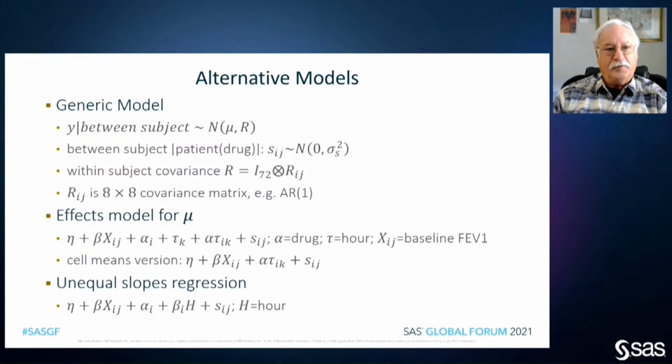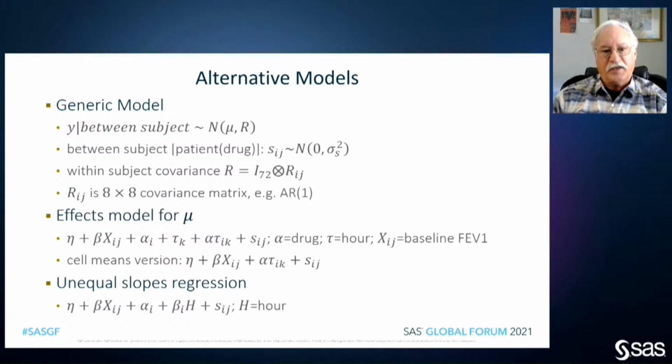Okay, so alternative models. Well, the generic model, you have Y given the between subjects effect. The breathing comfort can be assumed to be normal with some mean and some covariance structure. This R refers to the covariance structure. It's actually block diagonal.